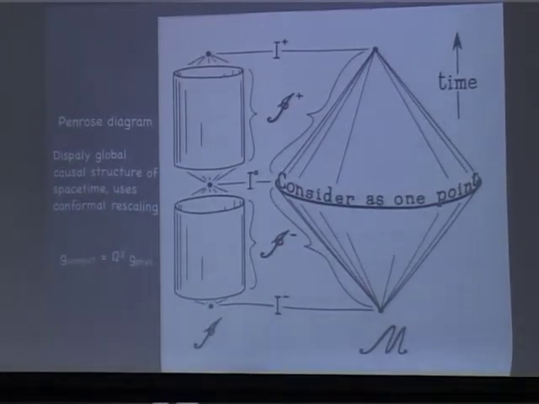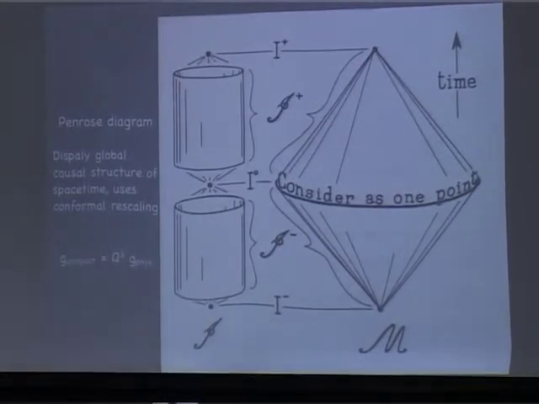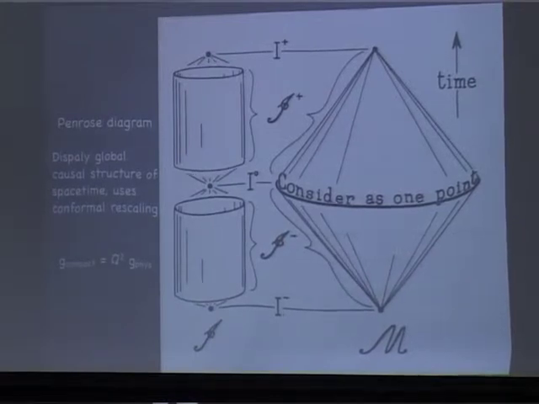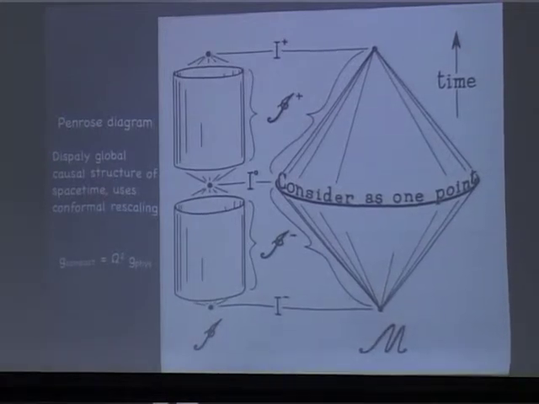The metric describes distance, so if I multiply my metric by 0 as the coordinates go to infinity, that pulls infinity to a finite distance in this unphysical metric.